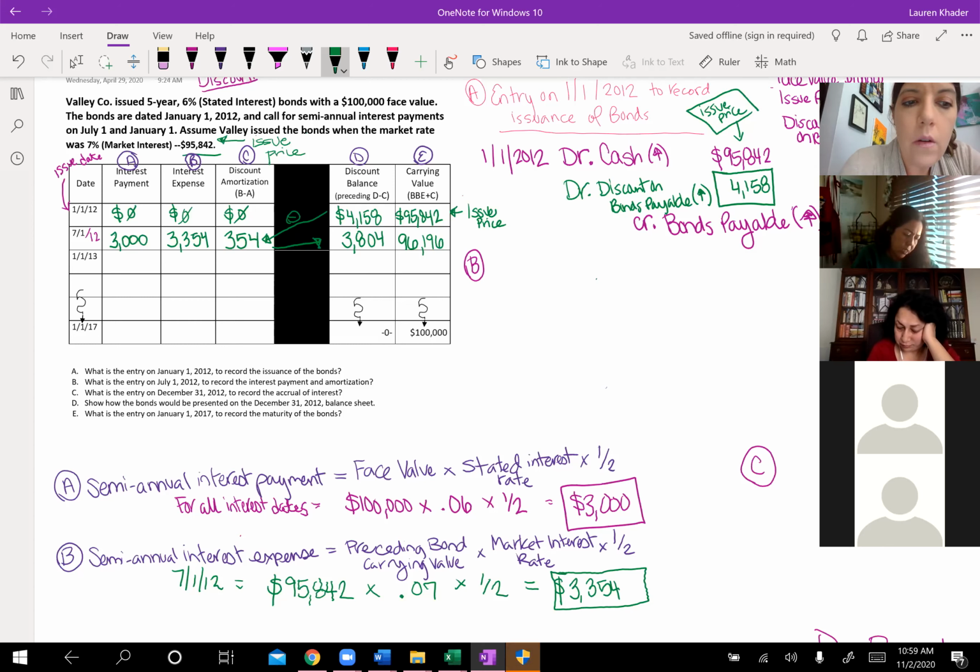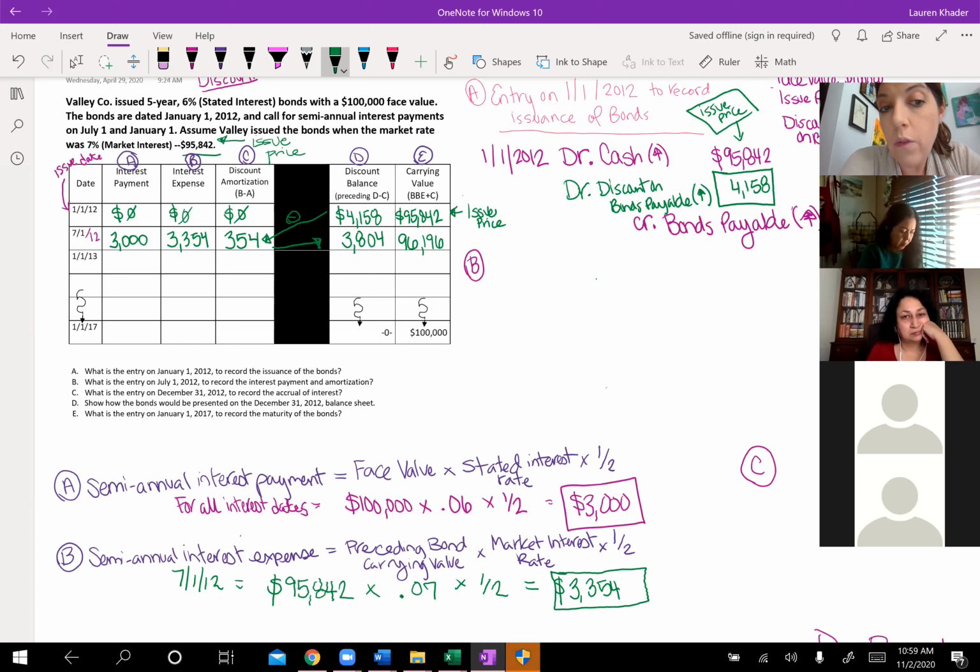Professor Wade, I got lost on the discount amortization. The discount amortization is the difference between the amount of interest that you pay and the amount of interest that you expense. Okay. And then to get the balance again, you take your prior or preceding discount balance, 4,158, and you subtract out your discount amortization for the period.